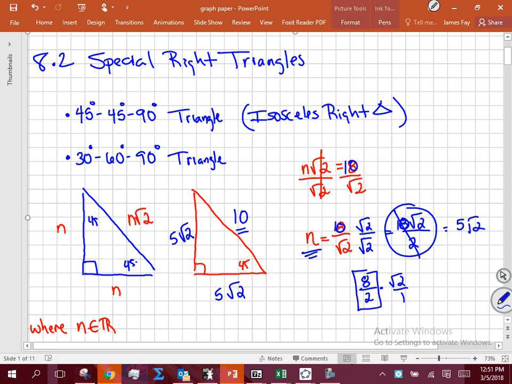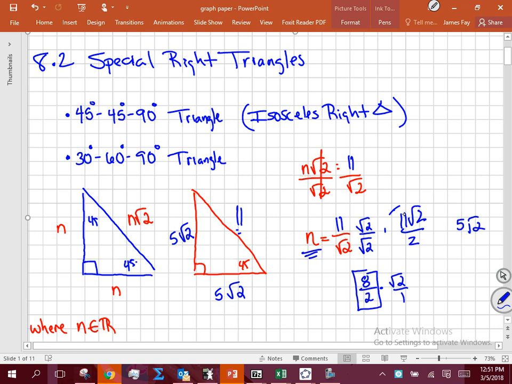Now, does that work if that's odd? Let's say this is 11. So this would be 11, right? This would be 11. Now I get 11 radical 2 over 2. Do those reduce?